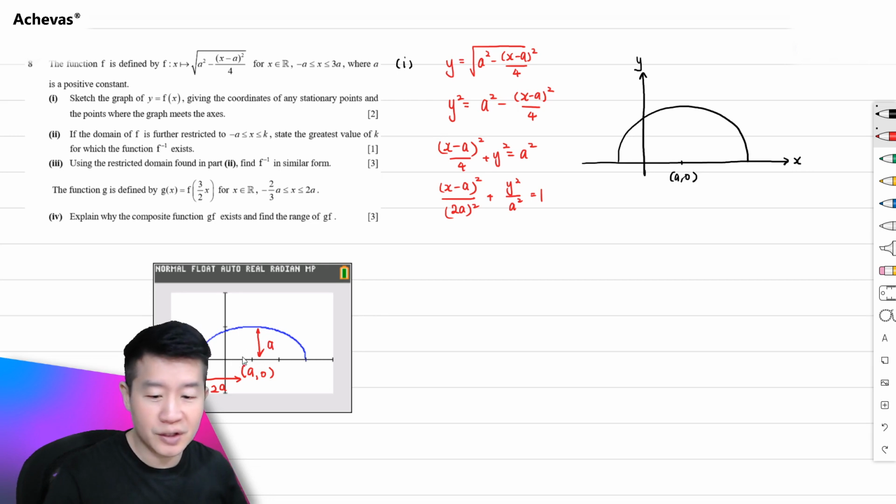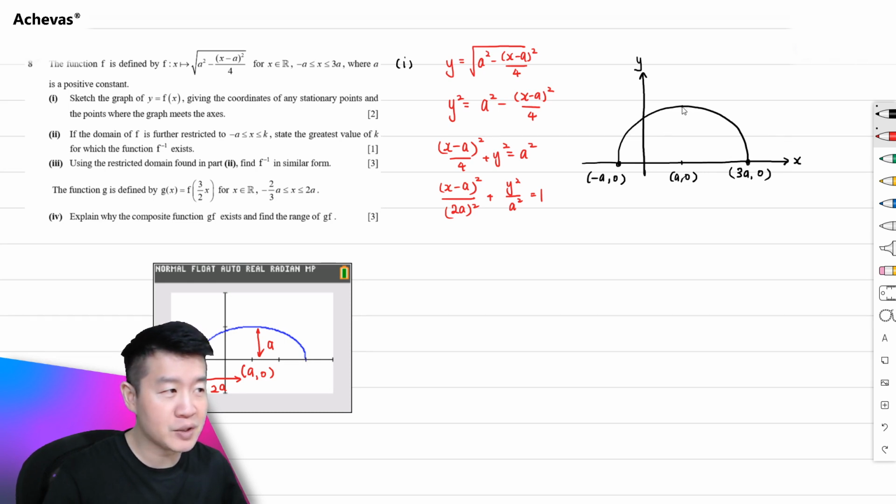Because the horizontal radius is 2a, a minus 2a gives us this point here, which is at (minus a, 0), where I'm putting a solid dot because x is bigger or equal to minus a. And a plus 2a gives us 3a, so this point here is (3a, 0). Again, the domain includes 3a, that is why here is a solid dot.